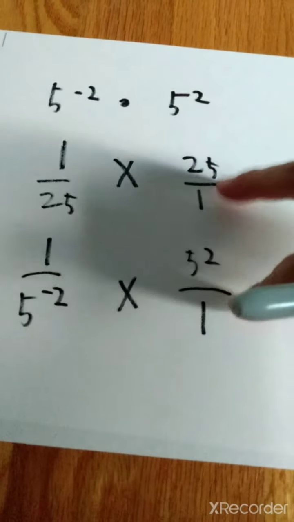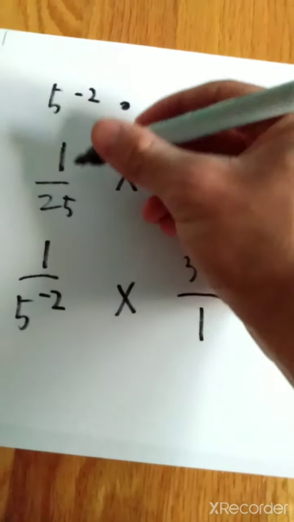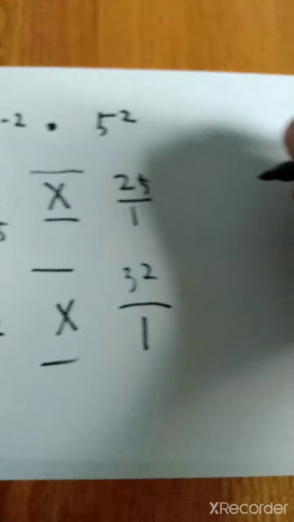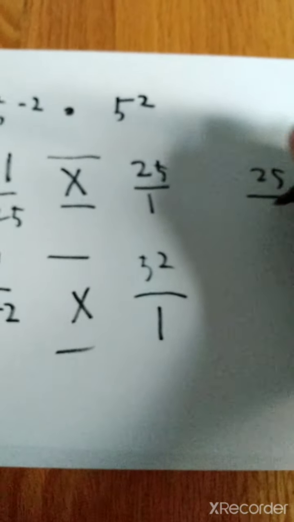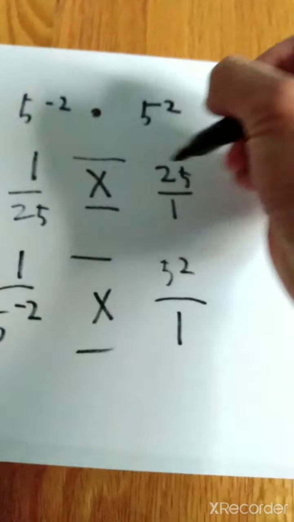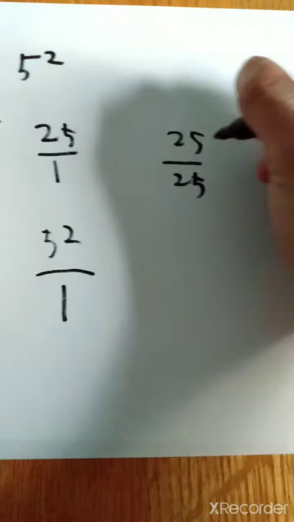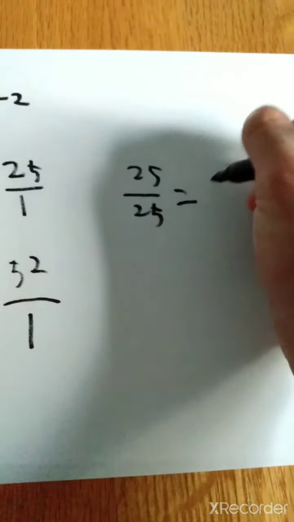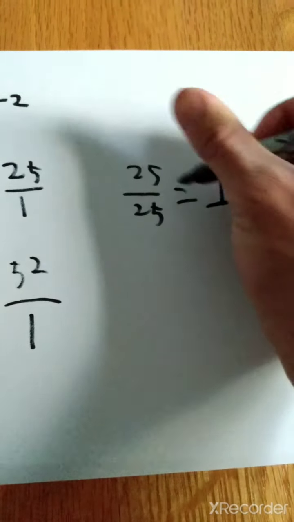These are two ways that we can write it. So we cross multiply. 1 times 25 is 25, and 25 times 1 is 25. So 25 over 25 is going to equal 1.